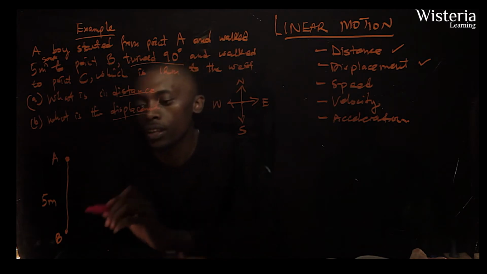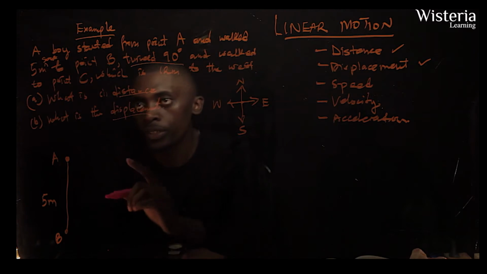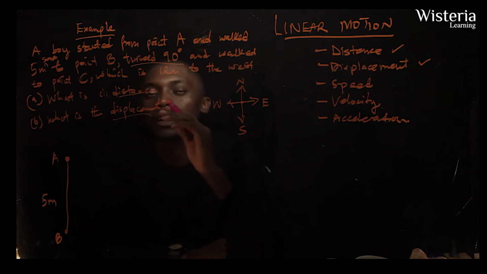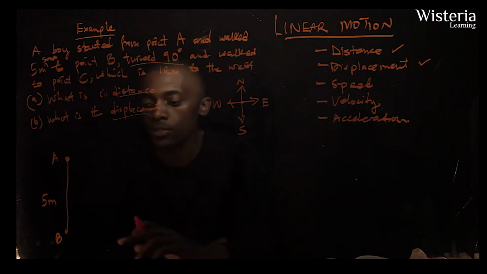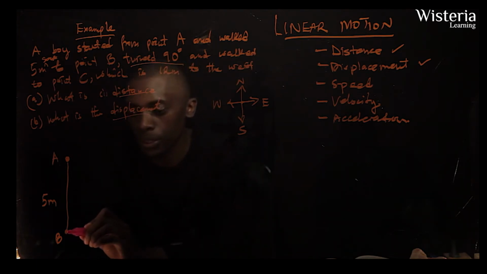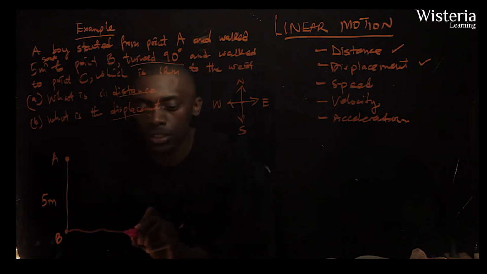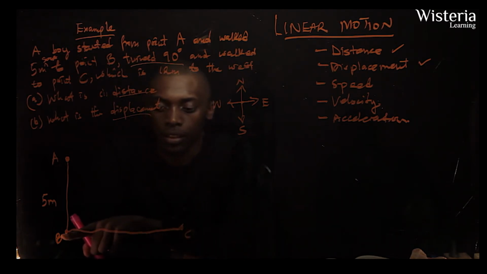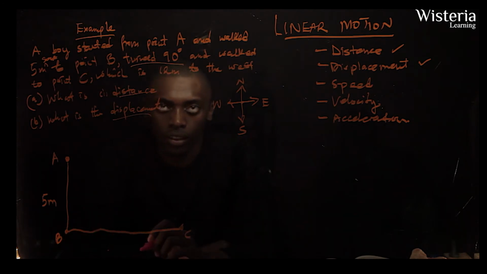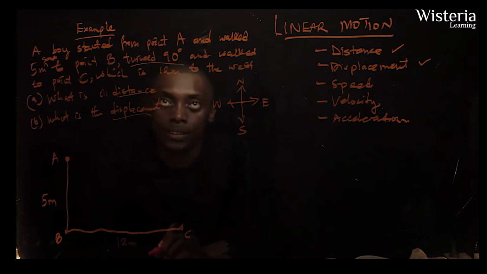Since this 12 meters is a distance which is 12 meters west of point B, point C should be somewhere on this side, where we are going to say that is our point C. So point C is west of point B, therefore this distance is 12 meters.